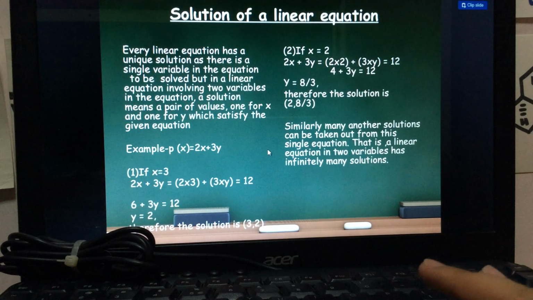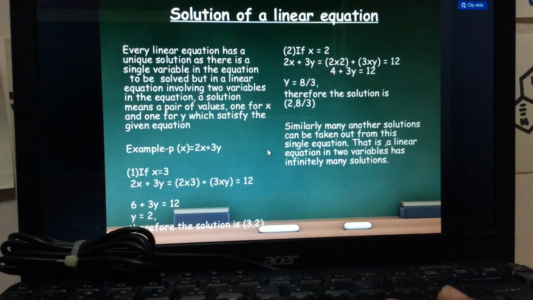So, every linear equation in one variable has a unique solution as there is a single variable in the equation to be solved, but in a linear equation involving two variables, a solution means a pair of values, one for x and one for y, which satisfy the given equation.